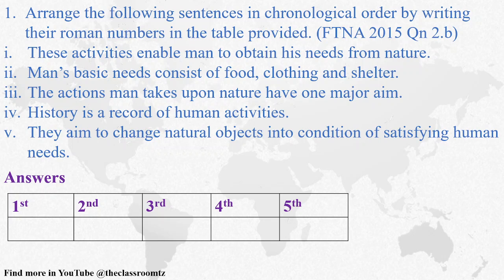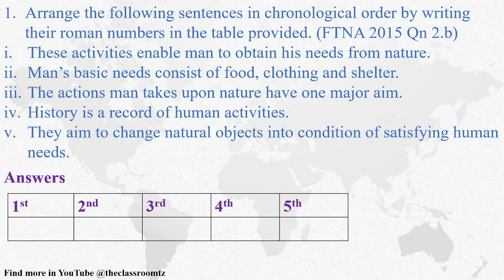Roman 1: these activities enable man to obtain his needs from the nature. Roman 2: man's basic needs consist of food, clothing, and shelter. Roman 3: the actions man takes upon the nature have one major aim. Roman 4: history is a record of human activities.